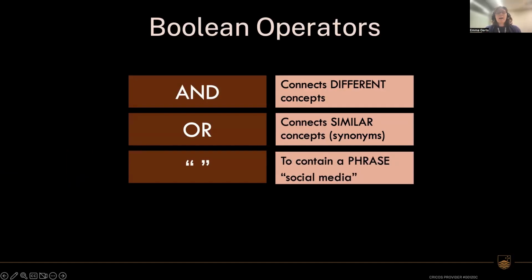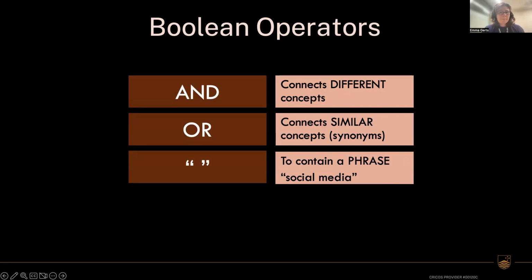Quotation marks are extremely important. These allow us to do what we call phrase searching. So phrase searching is when you have a concept that has more than one word. So for example, social media, if you just type that into a database without the quotation marks, the database isn't going to recognize that social media is a single concept.